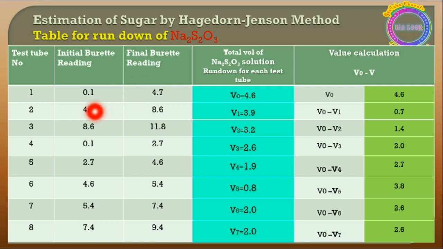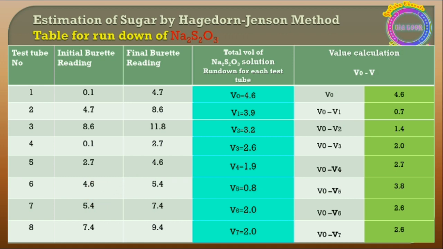For each test tube we are going to take the initial and final burette reading. Here you should not get confused with the readings. Here again there is 0.1, which means that we have refilled the burette to take the further test tubes' titration. Whatever the initial reading and final reading are after the test tube titration, they have to be taken exactly into consideration.